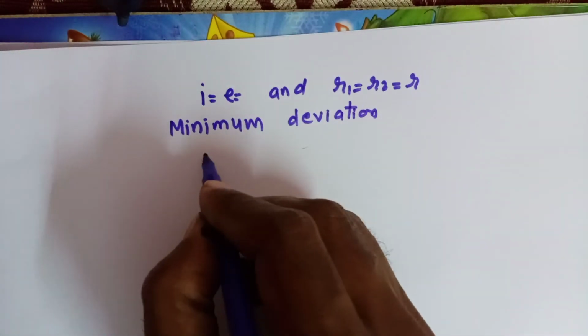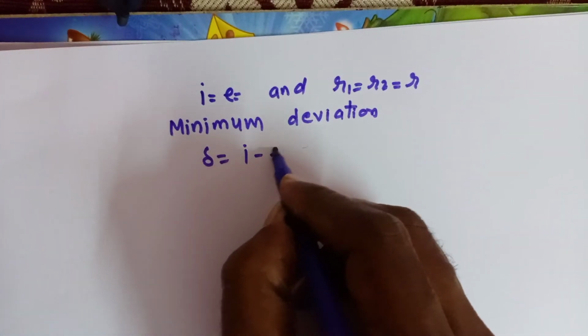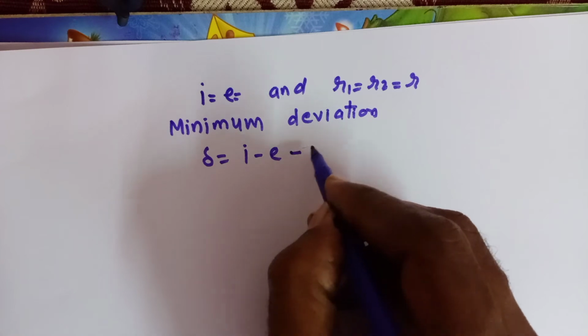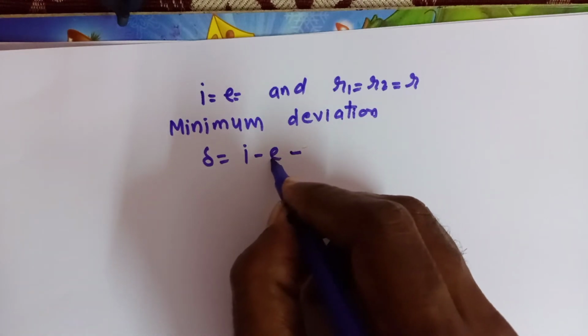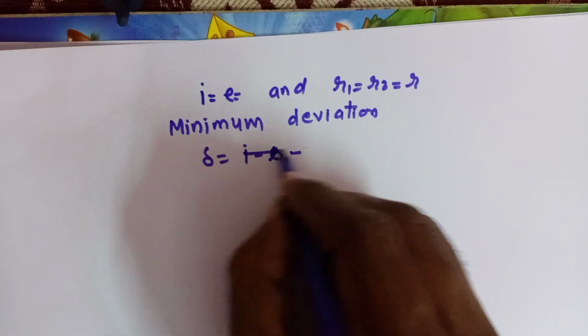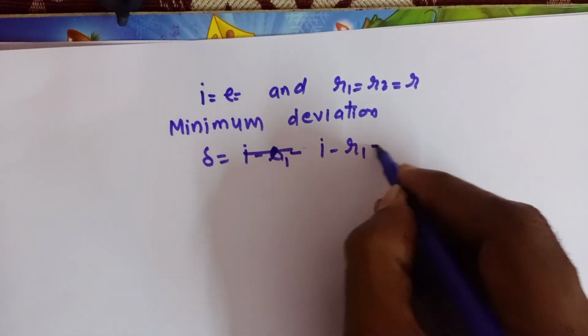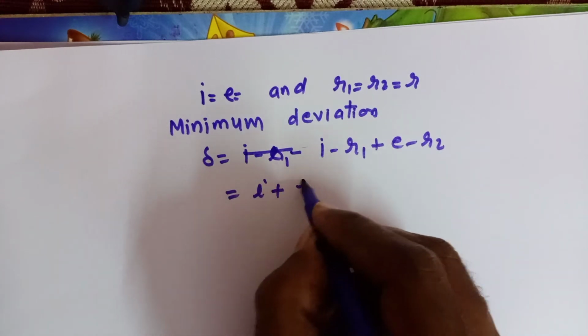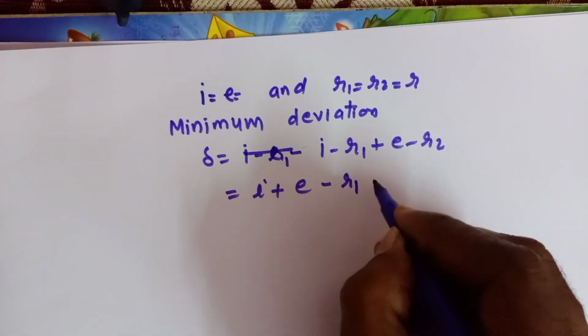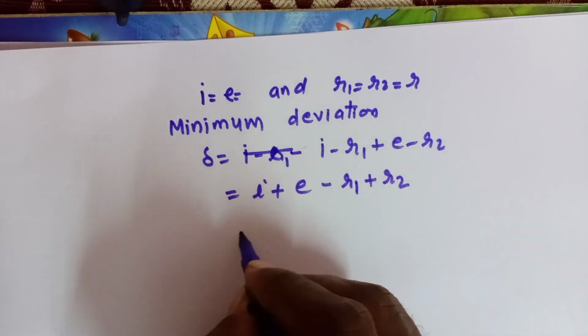So delta is what? We wrote it: I minus E, I minus R1 plus E minus R2, or we can write I plus E minus R1 plus R2.